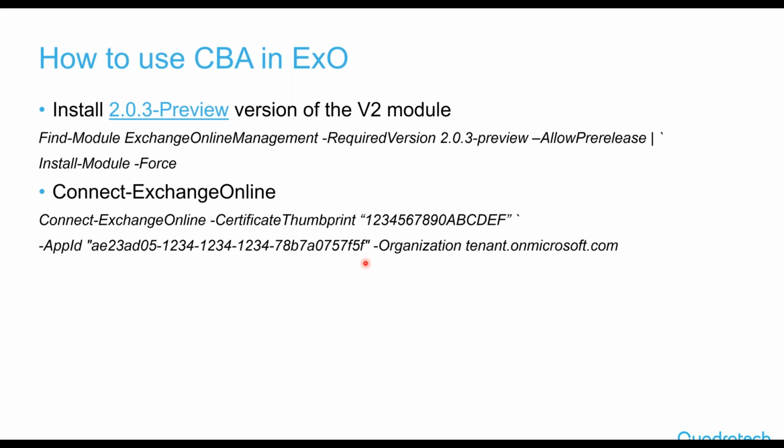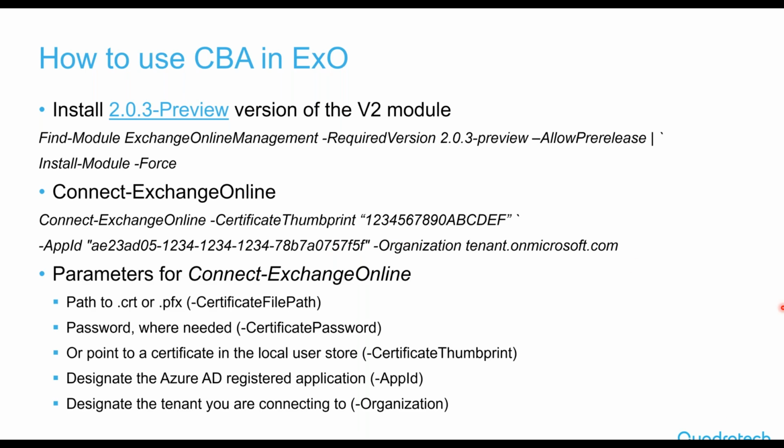We'll get into more details on all this now, but first let me introduce some other parameters that you might have to use eventually. So if instead of pointing to a certificate thumbprint, you want to point to a file stored on the local file system, you can use the certificate file path.